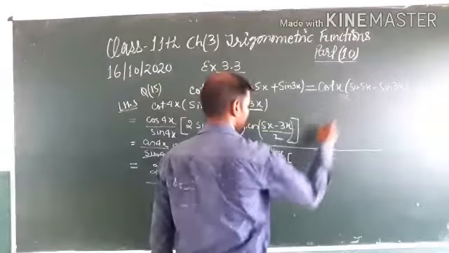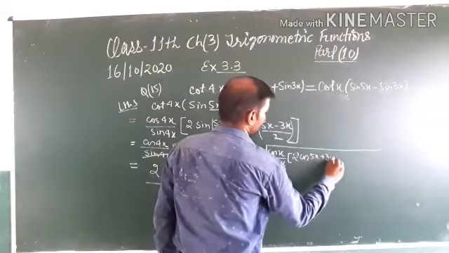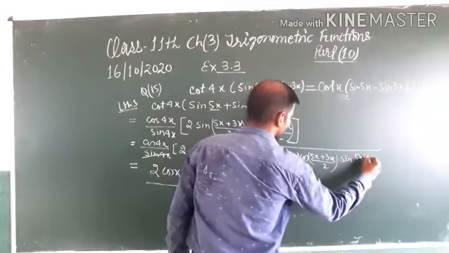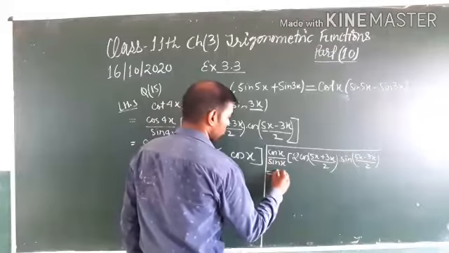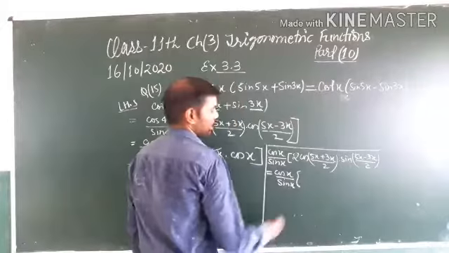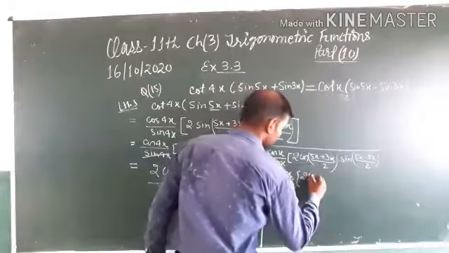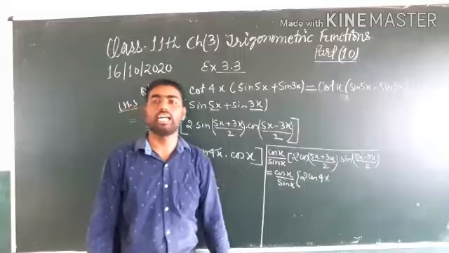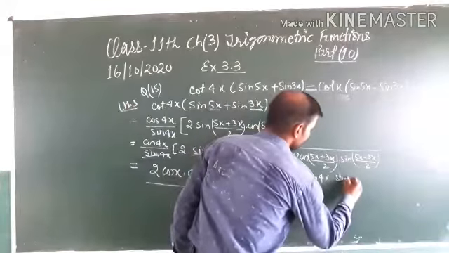It can be written as 2 cos of (5x plus 3x) by 2 into sin of (5x minus 3x) by 2. Now cos x upon sin x, and it can be written as 2 cos of 8x by 2, it means cos 4x, into sin of (5x minus 3x), that is sin 2x, and 2x by 2 is x. So we can write sin x.